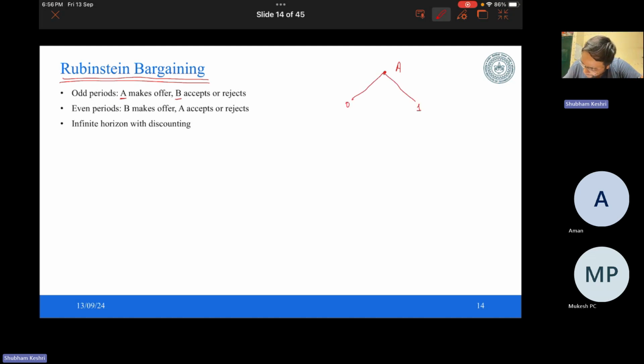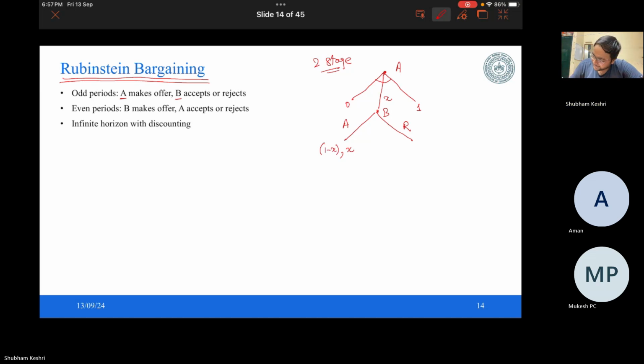It can be between 0 and 1. He is making an offer of any value, we can take X, and player B can either accept or reject. All right. So we are now considering a two-stage game, not an infinite stage game. We are currently studying the two-stage game. Now, if he accepts the offer, then B will get X, and A will get 1 minus X.